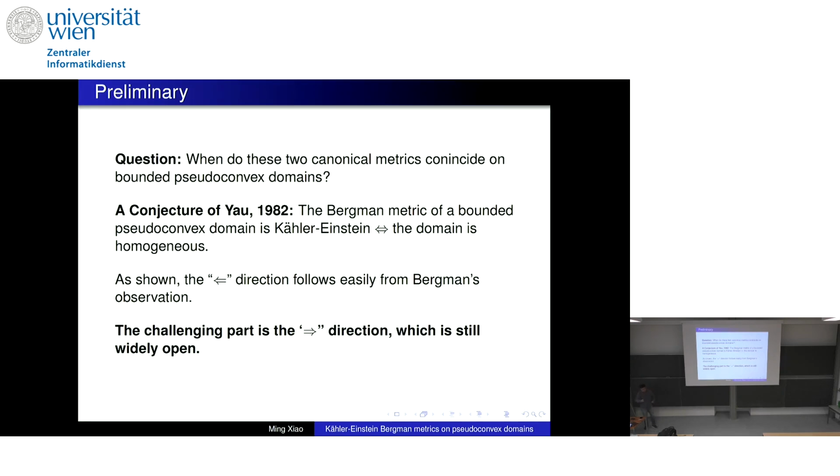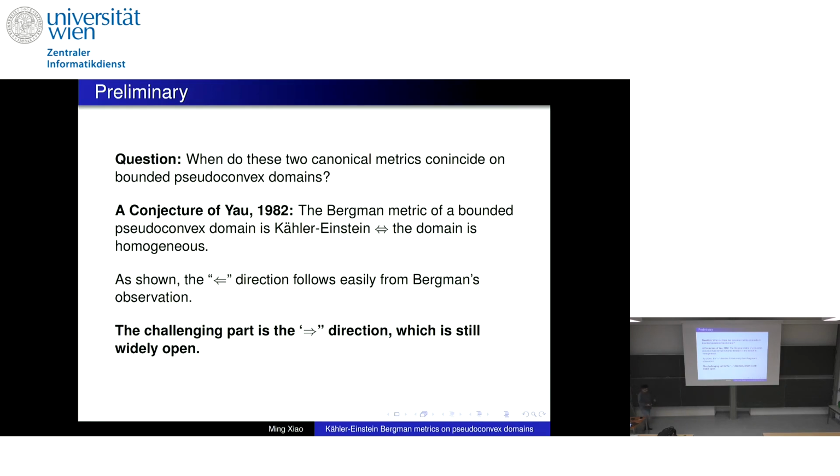We have just convinced ourselves that the backward direction is easy because it just follows from Bergman's observation and the Bergman invariant function. The challenging part is the forward direction, that is, assuming the Bergman metric is Kähler-Einstein, to prove or disprove that the domain is homogeneous. That is the difficult part, and it's still widely open. And that will be the main interest of this talk.